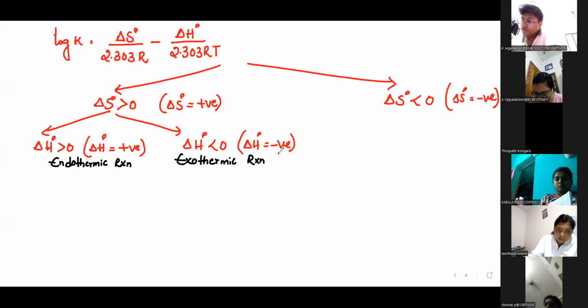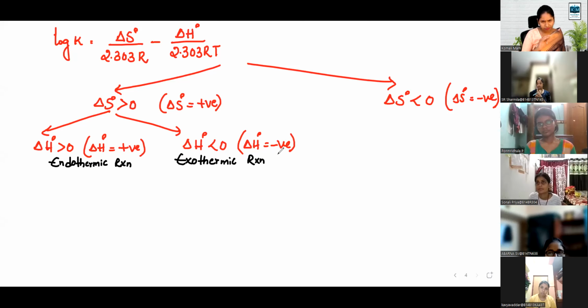Endo means we are giving the heat. Okay, fine. Now, listen carefully. Log K is equal to delta S. Same formula I'm going to write.